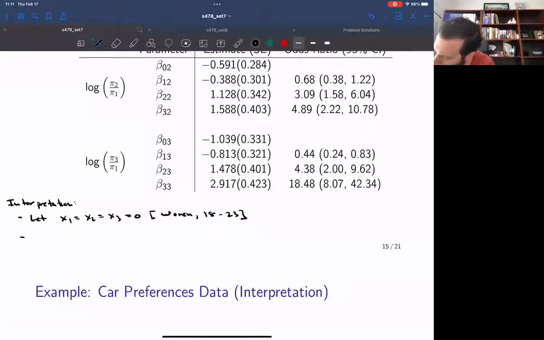Okay, so we have two different sets of predictors here, right? So let's say that we consider the first set, which is the log of pi 2 to pi 1. So this is going to be negative 0.591.